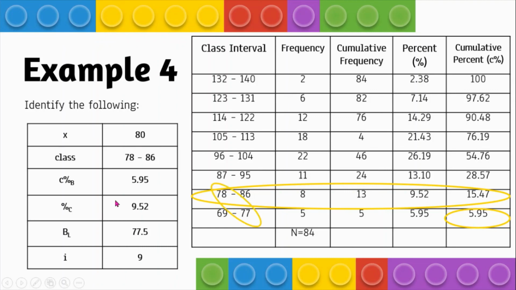And for the lower class boundary of the class containing X, that is 78 plus 77 divided by 2, or just the mean of these two, that is 77.5. And our I, or the class size, is 9. If you count 69 to 77, the class size is 9. 78 to 86, the class size is 9, and so on up until 132 to 140, the class size is 9.